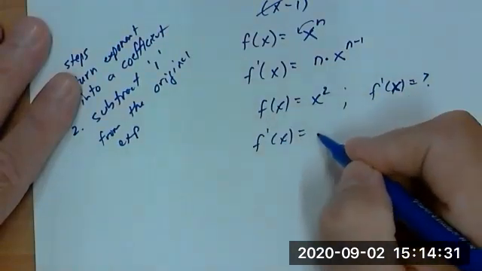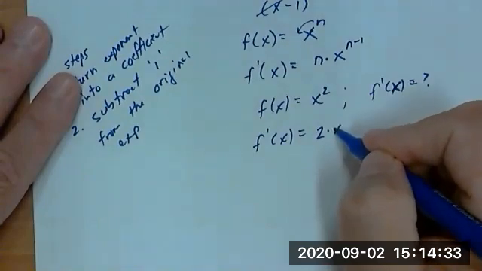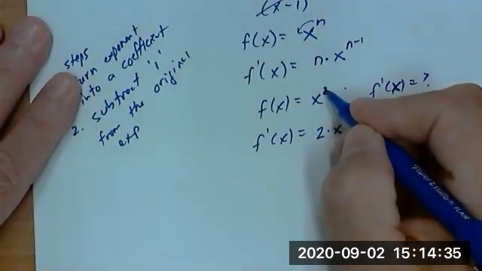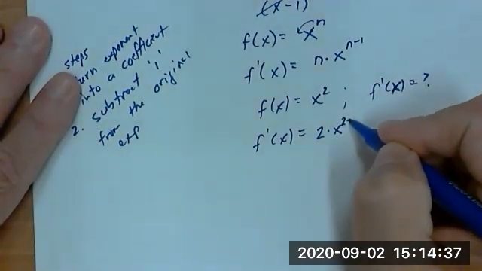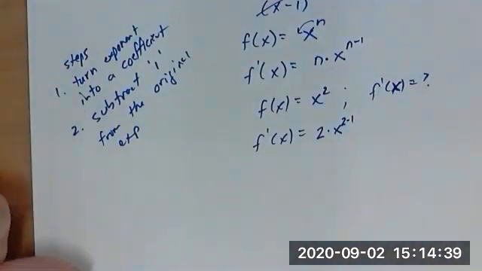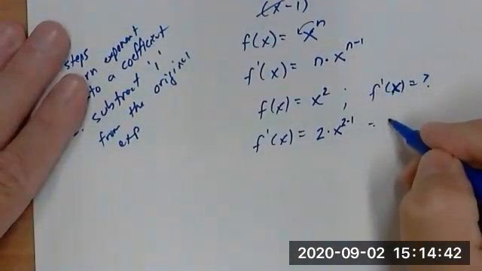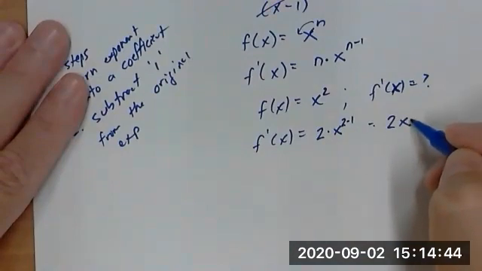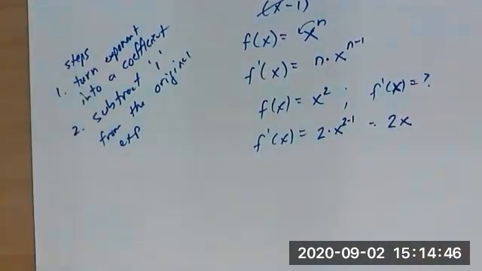The exponent comes down front, and then you subtract 1 from your exponent. So you're left with 2x to the first, which we write like this. Not very difficult.